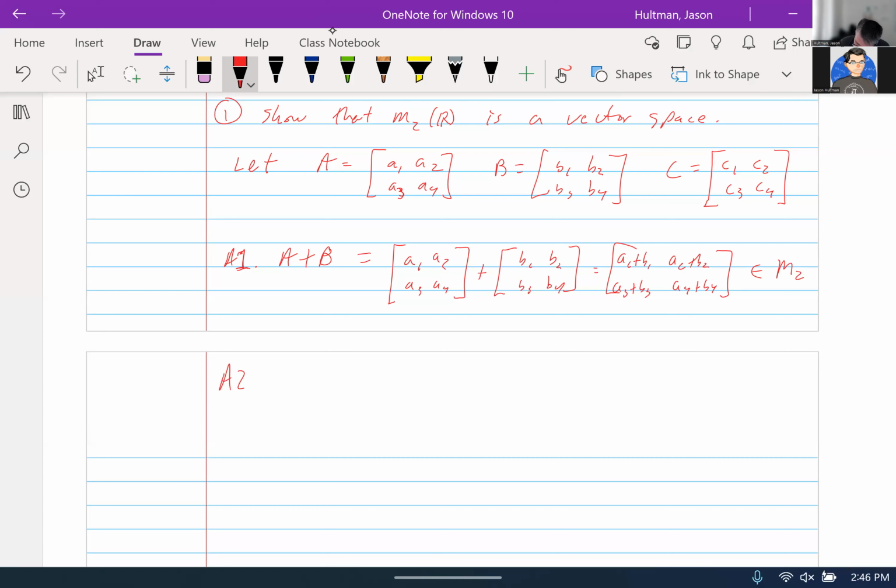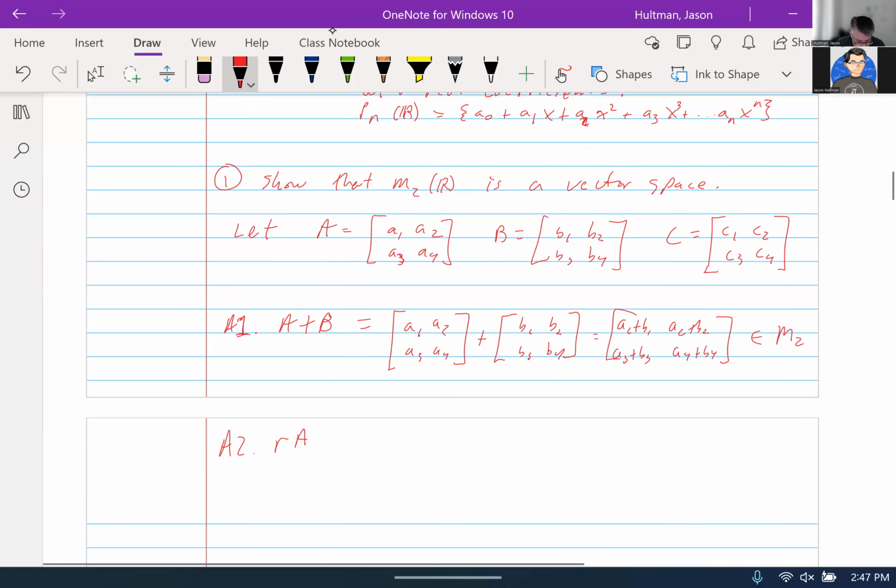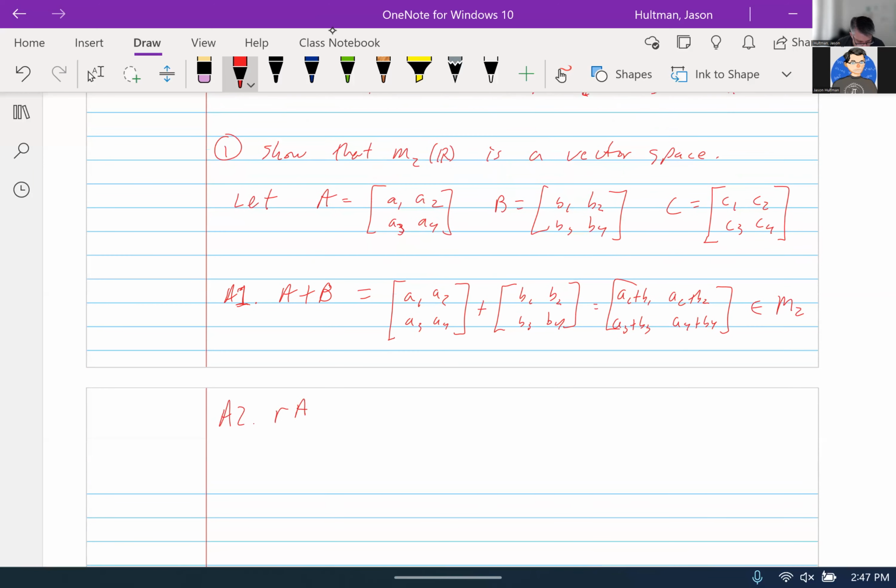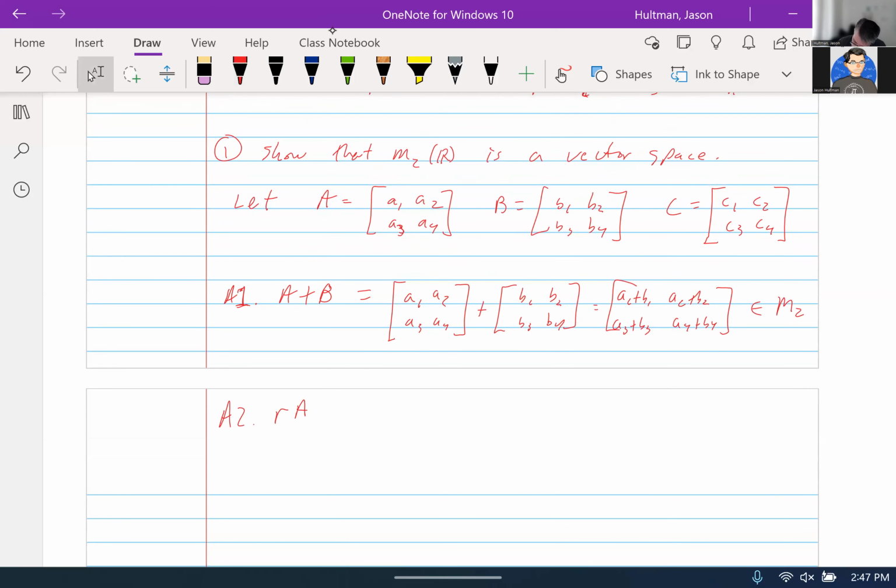Okay, A2. We're adding elements together, I guess we call it. A2, R times A, where R is an element of F, which is the real number system.